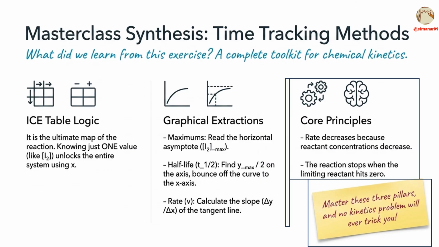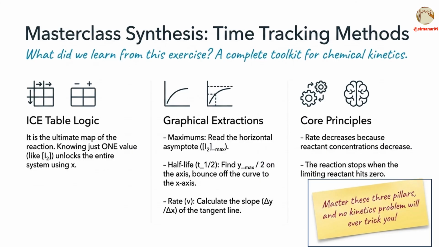You can find the maximum from the asymptote, the half-life by dividing by 2, and the rate by calculating the slope. Third, core principles. Always remember that reactions slow down because reactants get used up, and they stop when the limiting reactant hits 0. Master these 3 pillars and you will be a champion of chemical kinetics.